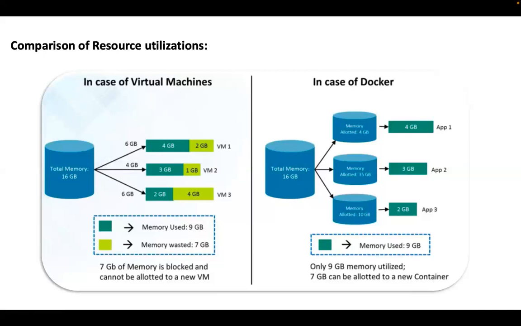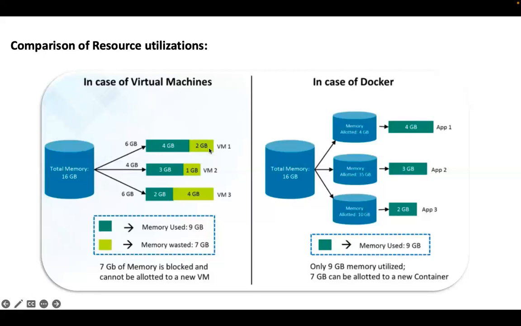We already discussed a few slides before, why? Because we already have the dependencies and libraries, and in case of containerization, what happens? It uses the host operating system's resources. That means in the host operating system, you have, suppose, 16 GB memory, and it uses only 4 GB, and the rest will be there in the host operating system. But in case of virtualization, we are allocating directly to the different machines.